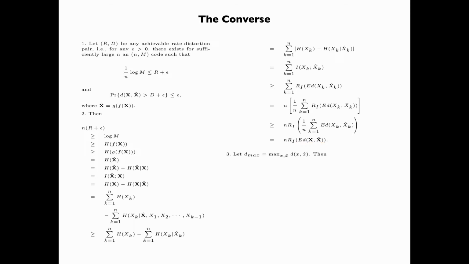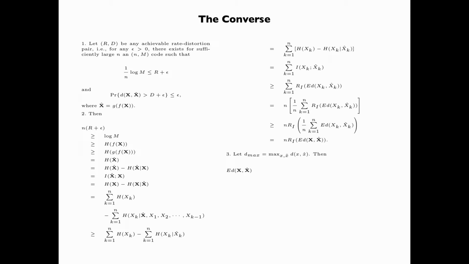Now let d_max, where this d is the small d, be the maximum of d(x, x hat) over all x and x hat. That is, d_max is the maximum value in the distortion table.